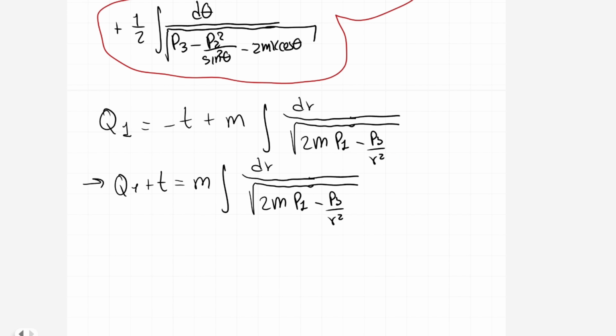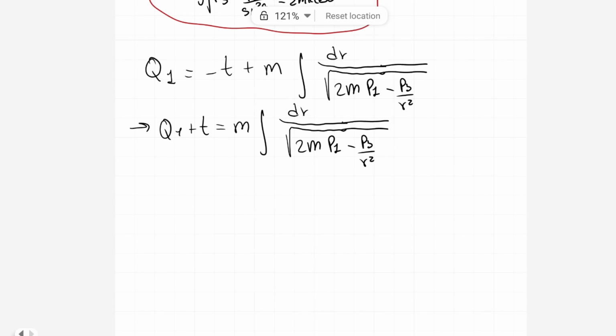And then we are going to take the derivative with respect to R on both sides. Looking that this Q1 is a constant, its derivative is going to be 0.